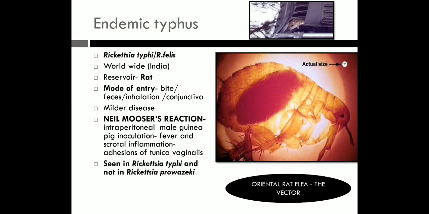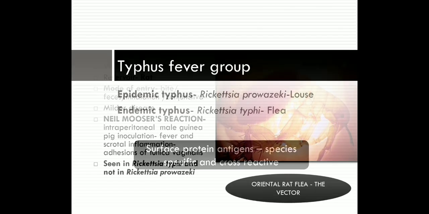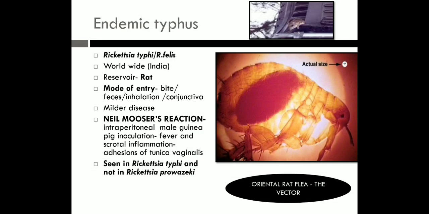The disease is transmitted after inoculation of the infected flea feces into the flea bite wound. Usually the incubation period is about 1 to 2 weeks, and commonly it is around 12 days.